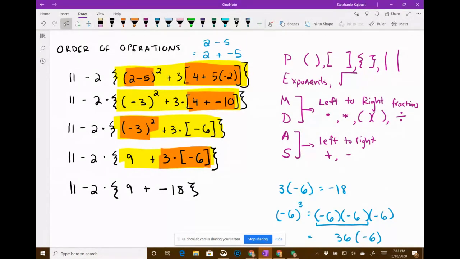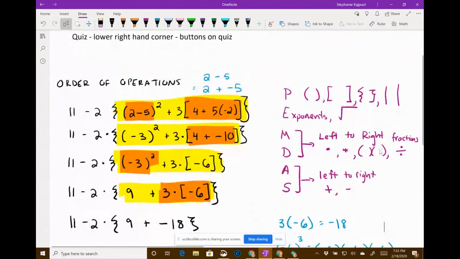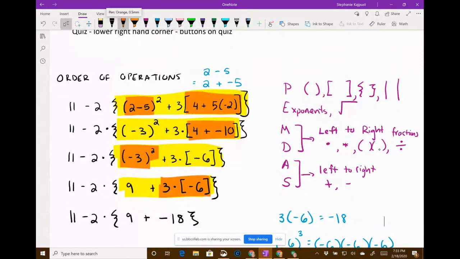The reason why we use different symbols is because if I had written the original problem using only parentheses, it gets really confusing, because then you have parentheses inside parentheses, and it kind of gets confusing on where they begin and where they end.